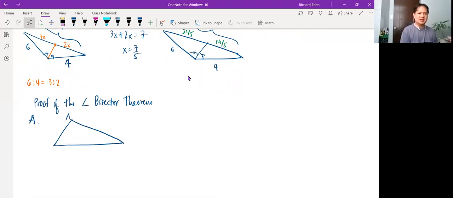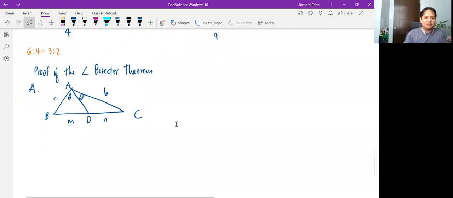Okay. A, B, C, small c, small b, and then here is the angle bisector. This is M, this is N, and let's call this angle theta. So that's also angle theta. All right. And then let's call the division point T. Using the law of sines, if you look at triangle BAD, M is opposite theta.